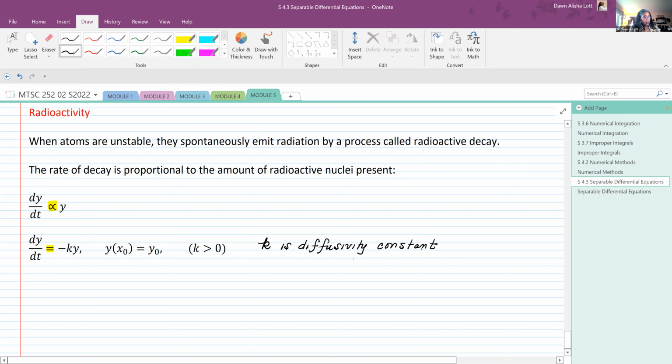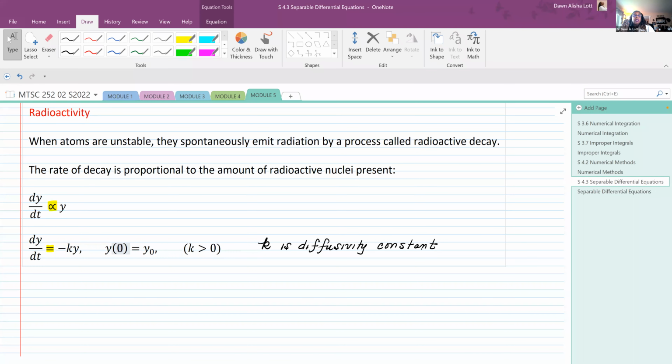Any questions about me setting up this problem yet? So I am going to add that y of 0 is y naught. y of 0 is the initial time that we're looking at it, and that is the initial amount present.